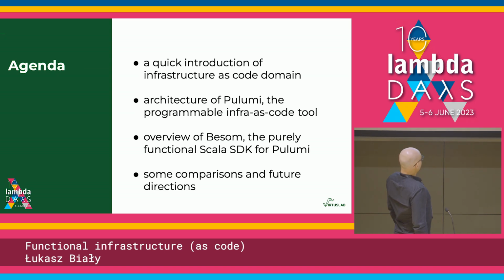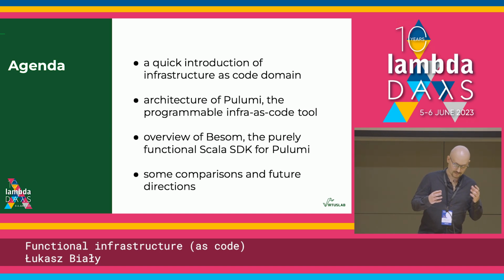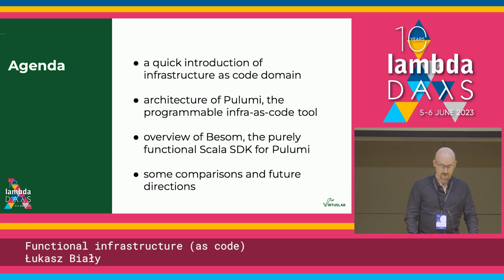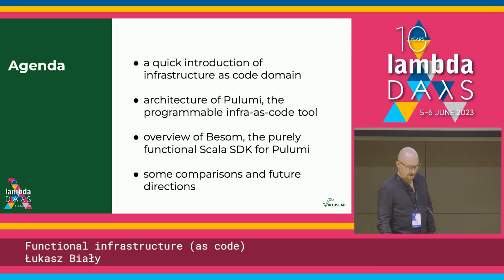Let's go through a quick agenda about what this talk is going to be about. First, I'm going to quickly introduce you to the domain of infrastructure as code and the tools that exist in this domain and what has been already built in this domain, how it works. Then I'm going to introduce the newest kid on the block, which is Pulumi, the programmable infrastructure as code tool.